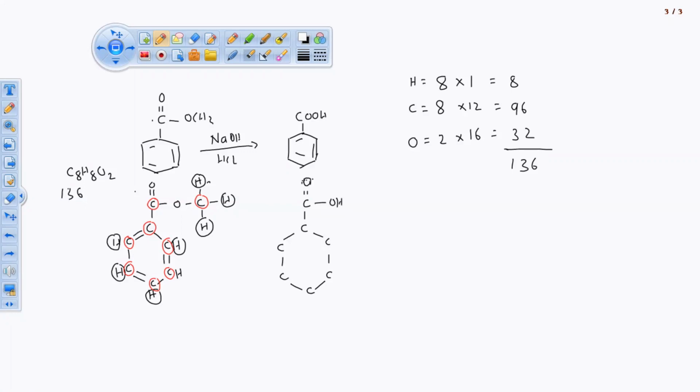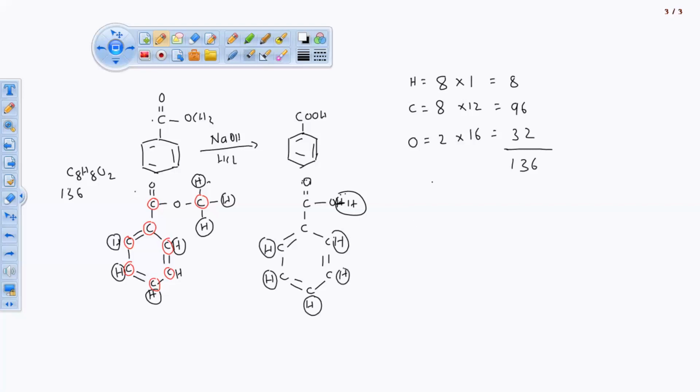So this is benzoic acid. One unsaturation, a carbon-carbon double bond. Here we are having H, H, H, H, H, and one H on the oxygen. So how many H? 1, 2, 3, 4, 5 and 6.